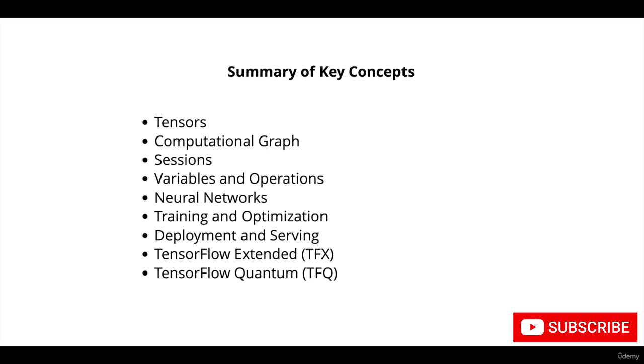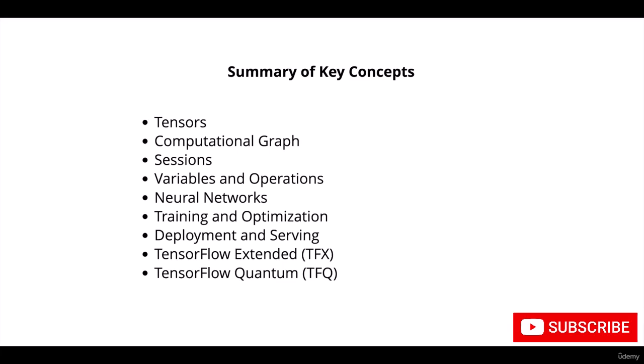Neural networks are computational models inspired by the structure and function of the human brain. TensorFlow enables the construction and training of neural networks for tasks such as classification, regression, and clustering. Common neural network architectures include feed-forward networks, convolutional neural networks, which are CNNs, recurrent neural networks, RNNs, and transformers.